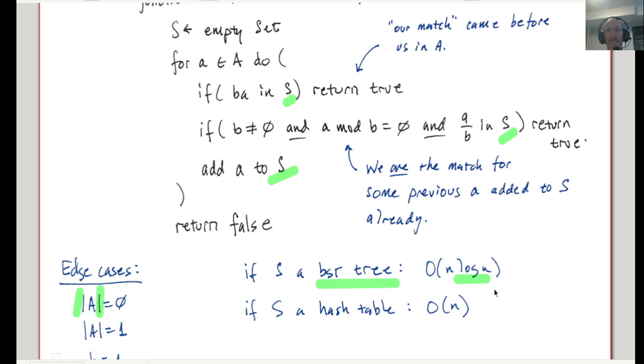This is assuming that it's a balanced binary search tree, but that assumption would be fine with us. So I guess it initially is big O of 3n log n, but that simplifies to big O of n log n. If S is a hash table, then searching the hash table is big O of 1, inserting into the hash table is big O of 1, so it's n times 3 work inside the loop, which simplifies to big O of n.